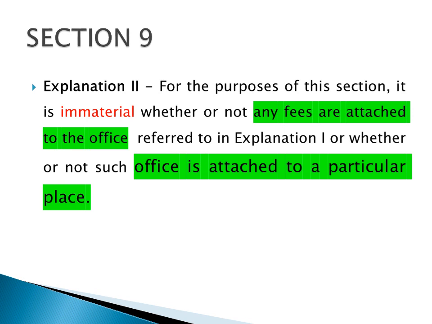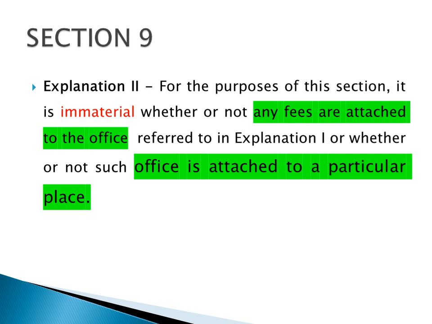Explanation 2 says, for the purposes of this section, it is immaterial whether or not any fees are attached to the office referred to in Explanation 1 or whether or not such office is attached to a particular place.